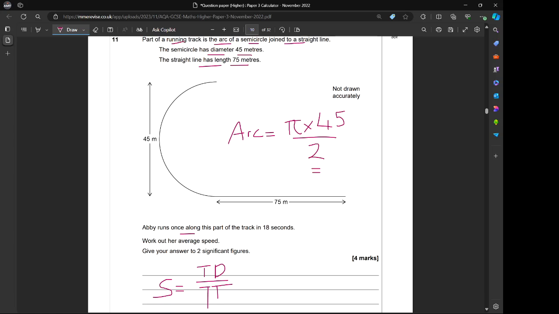So I get 45 halves pi meters. I'm going to add that to 75 meters.